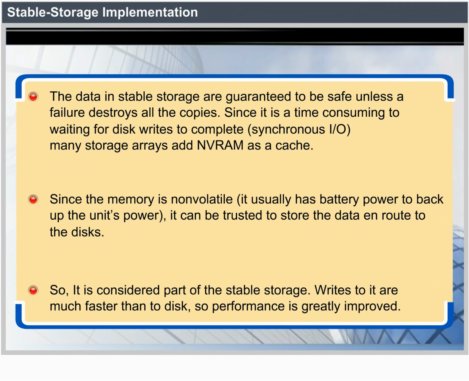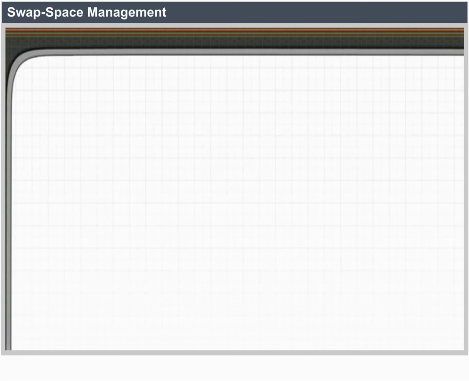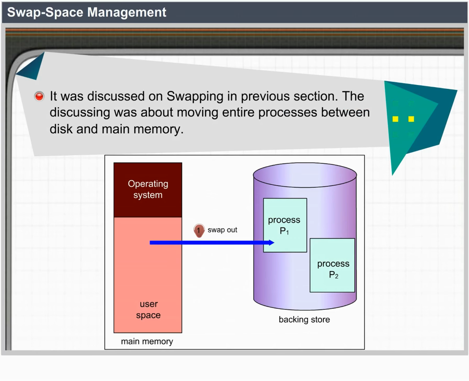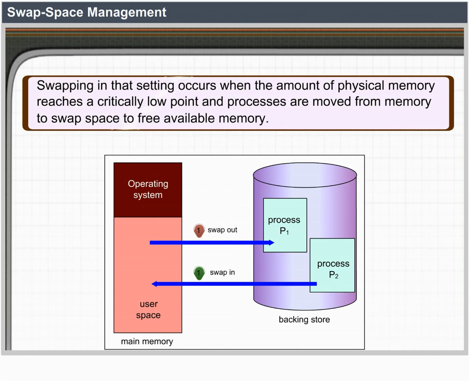Swap space management. Swapping was discussed in some previous section where we discussed moving entire processes between disk and main memory. Swapping in that setting occurs when the amount of physical memory reaches a critically low point and processes are moved from memory to swap space to free available memory.